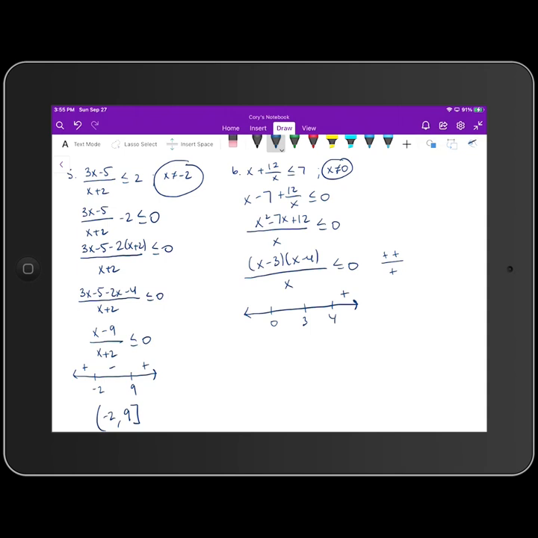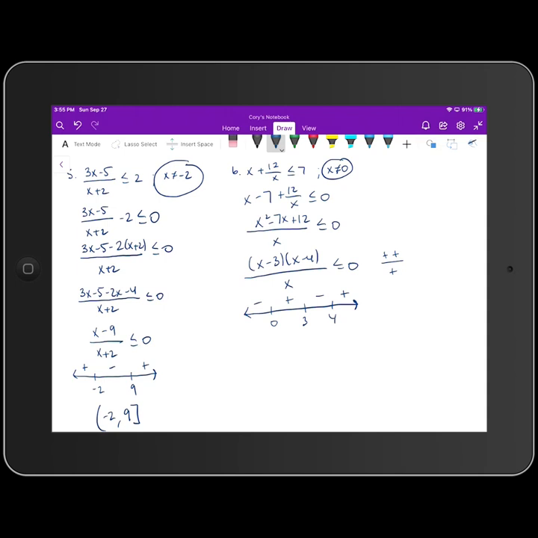And then I'm going to use the multiplicity to get the signs on the subsequent intervals. So the multiplicity of all of those zeros is 1. It's odd. So the interval to the left has to have a different sign. The interval to the left of that has to have a different sign. The interval to the left of that has to have a different sign.